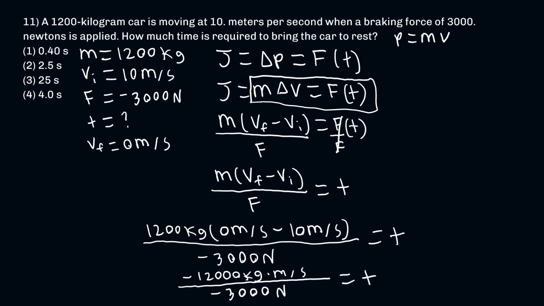I have a negative over a negative, so I just divide those two numbers. And I'm going to end up with an answer of 4 seconds. So time is equal to 4 seconds. That is going to be answer choice 4, 4.0 seconds. Let's move on to our next example.